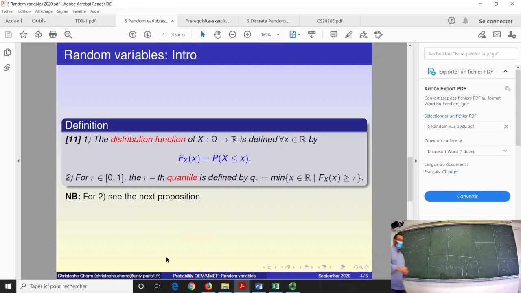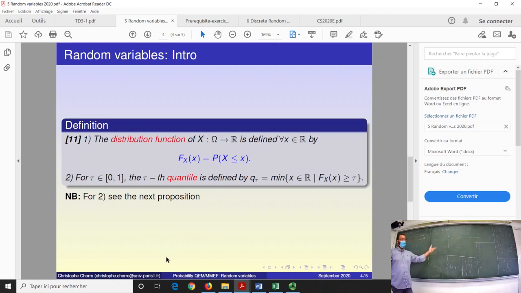The last case: if x is greater or equal to 1, what happens? The indicator function is always less than 1 because it takes values in 0 or 1, so it is always less than small x in this situation. And so what is my probability? It is 1. And you have this one.